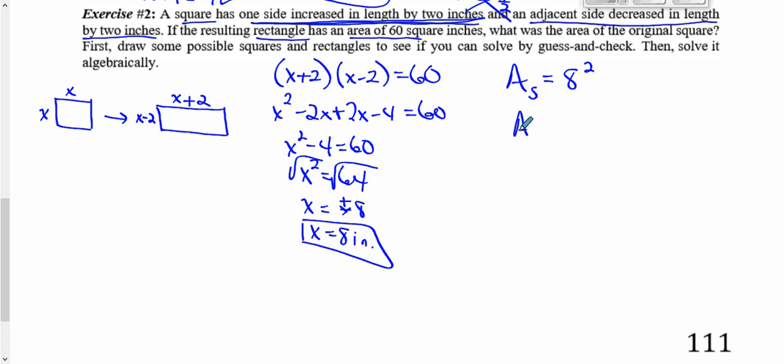So the area, subscript S for square, is what? 64 what? Inches squared. Area is always in square inches. All right, can you follow that? Okay.